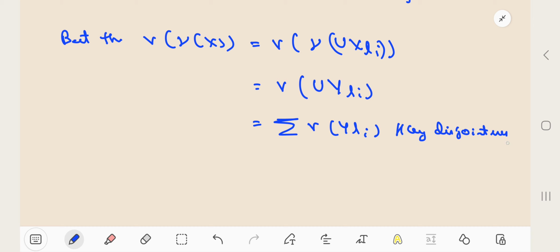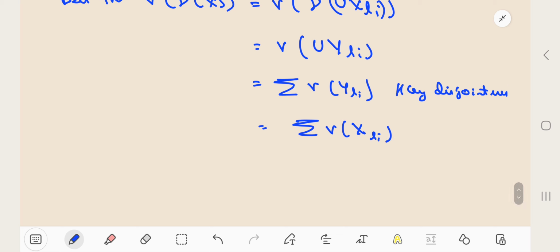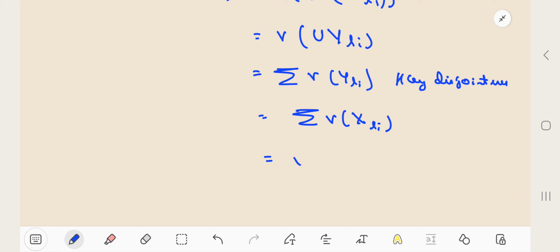Then the volume of these YLis will equal the volume of these XLis, which we have also immediately observed. This should equal the volume of X, which is a contradiction, because we have assumed that the volume is not preserved. This is given in the theorem itself. Therefore this map gamma, when restricted to X, cannot be injective.